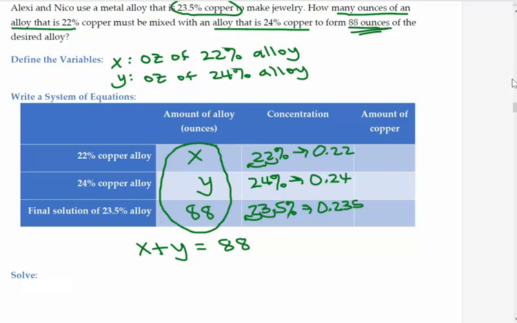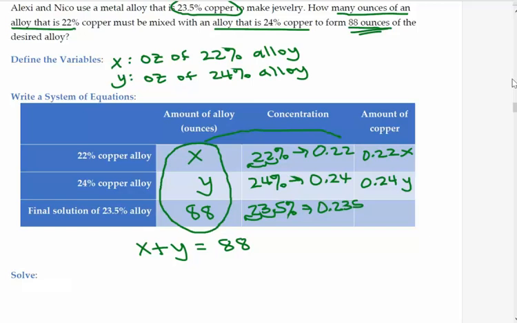Then, just like we did above, I just need to multiply these two columns together to get that last column. So X times 0.22 is going to be 0.22X. And when I multiply those together, I get 0.24Y. And now this next one here is where a lot of times people make a mistake.